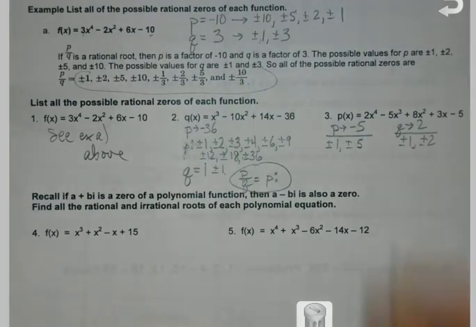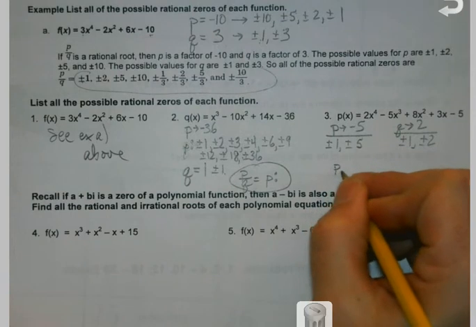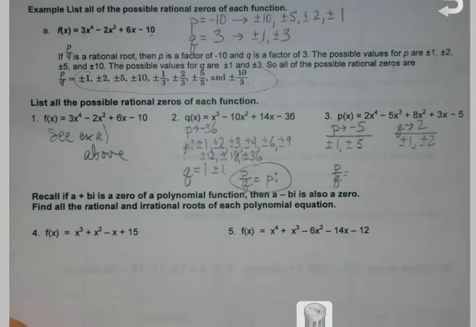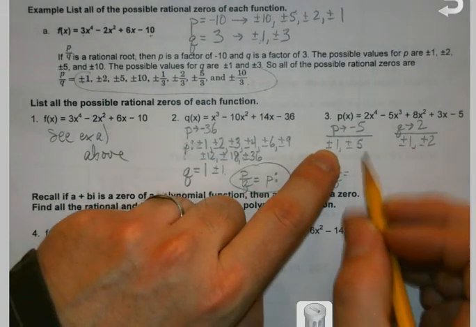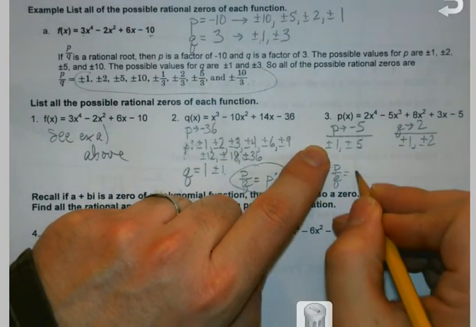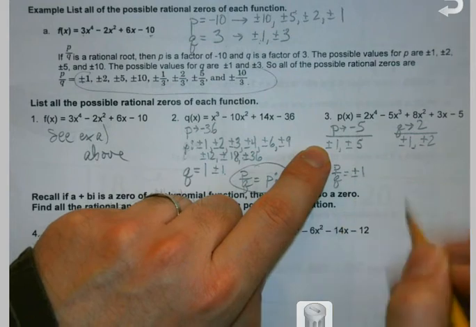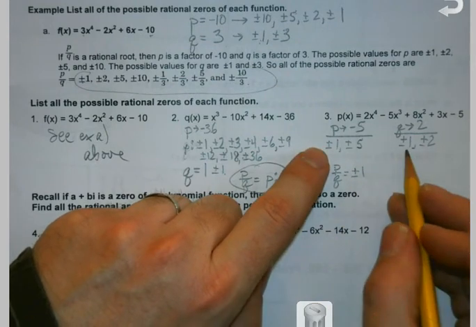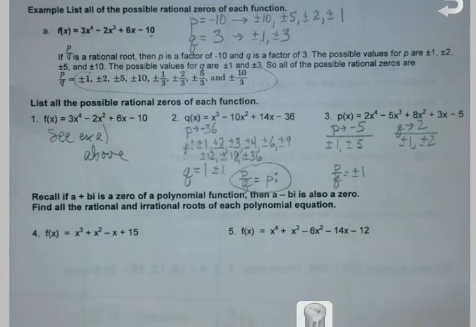So when I'm actually looking for the zeros, which is P divided by Q, I'm taking each combination. Now here's how I would do it. My P is plus and minus 1. When I do it plus and minus 1, 1 divided by 1 is 1, negative 1 divided by negative 1 is 1. It's all the same.